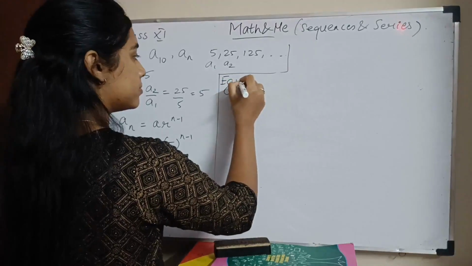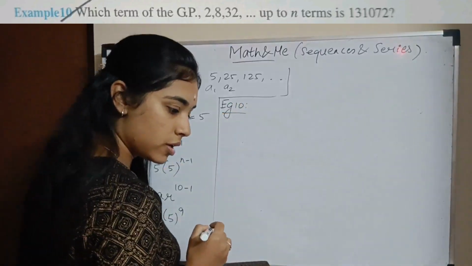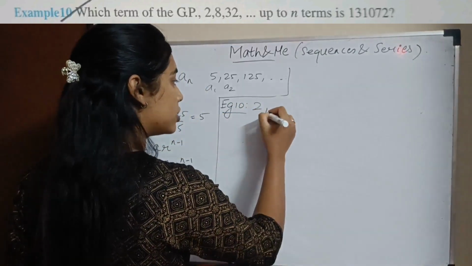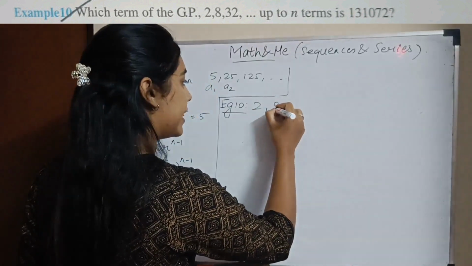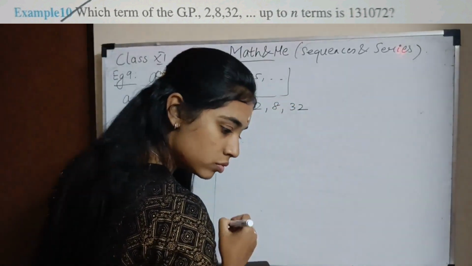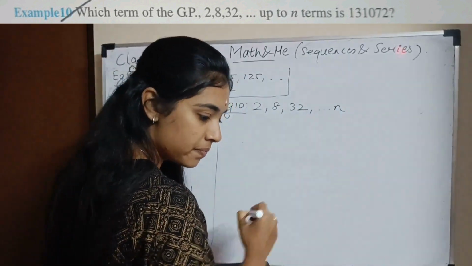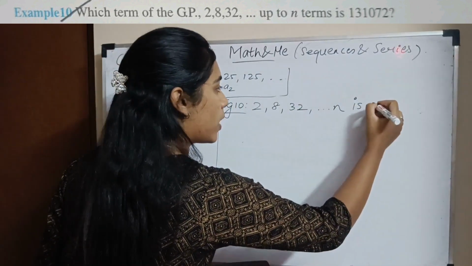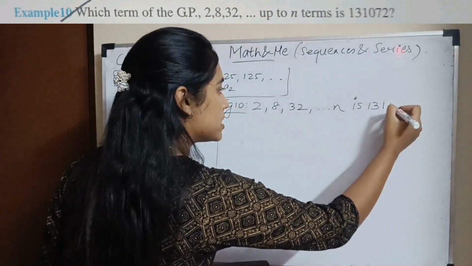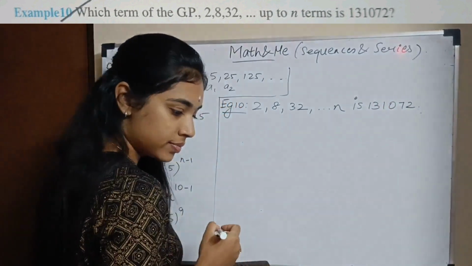Example 10. Which term of the GP 2, 8, 32 and so on up to n terms is 131072?